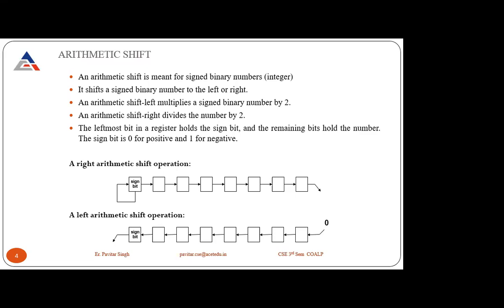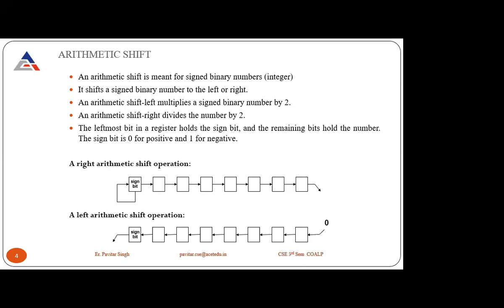Now for this, a 0 will be inserted from the left-hand side, and in this case your sign bit will be lost. You can see the diagram in front of you in the PPT. So your sign bit will be lost in case of left arithmetic shift operation, and a 0 will be inserted. So let's see the example.